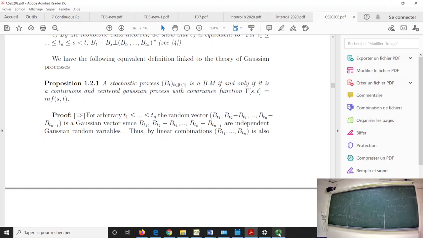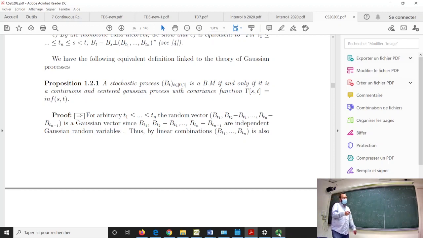Once I have done the job with defining capital I, it goes very quickly here. So Bt is a Gaussian process from this one. Its mean function is 0 and its covariance function by construction is equal to the minimum between t and s. Okay?